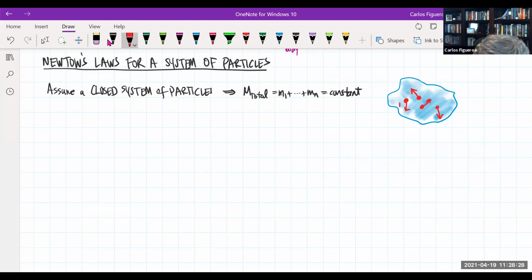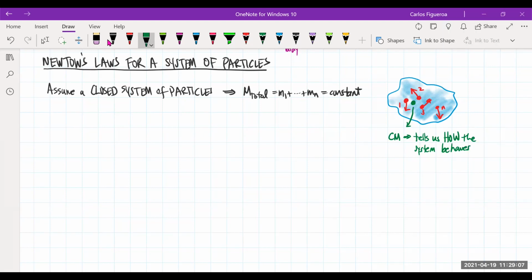And I could call this 1, 2, 3, n. And as I look at these particles, there's something super distinct about them. Somewhere, some location here is going to be the center of mass. And what that center of mass does is that it tells us how the system behaves.